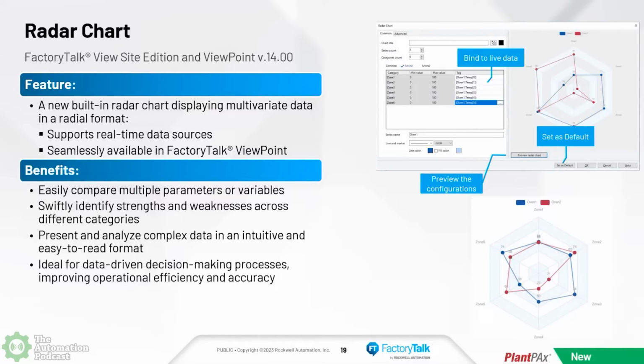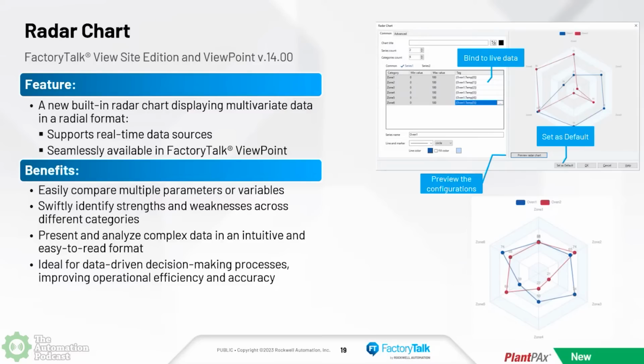The nice thing about this as well is if you enter static values in the tag, you can hit the button and say preview my radar chart, and it will show you what it is going to look like with those values. Once you're happy with how you configured your radar chart, you can say set this as a default. The nice thing is next time you instantiate your radar chart, it will take all those properties that you configured in the previous one. Obviously, you can make changes if you need to change coloring.